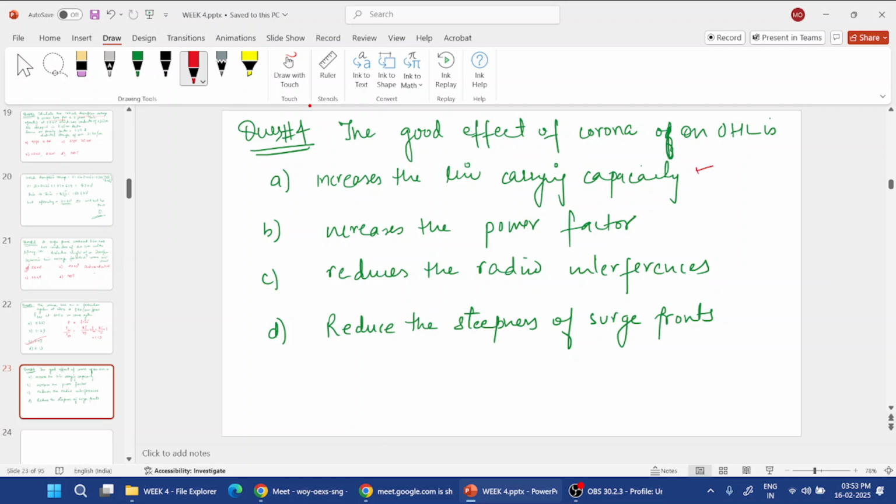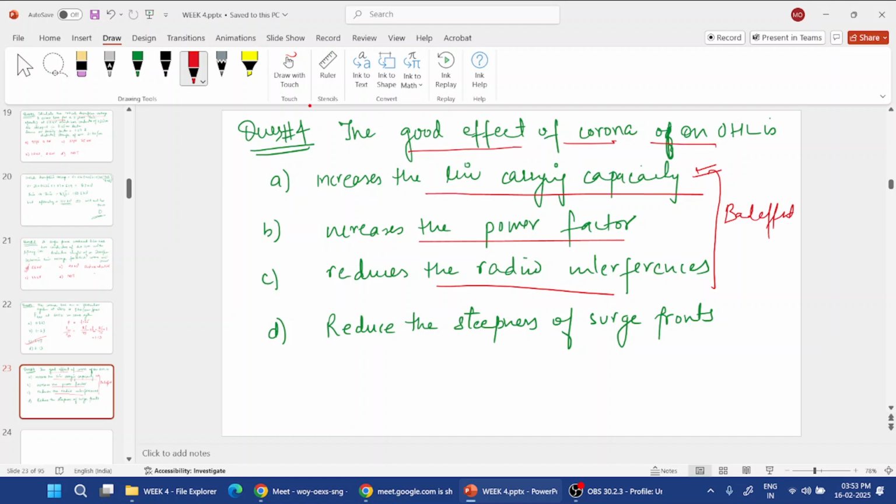First, it reduces the line carrying capacity, or it also increases the power factor. And also it increases the radio interference. So all these are the bad or negative effects of corona. But in the question we have been asked, what are the good effects? The good effect is that it reduces the steepness of the surge front.